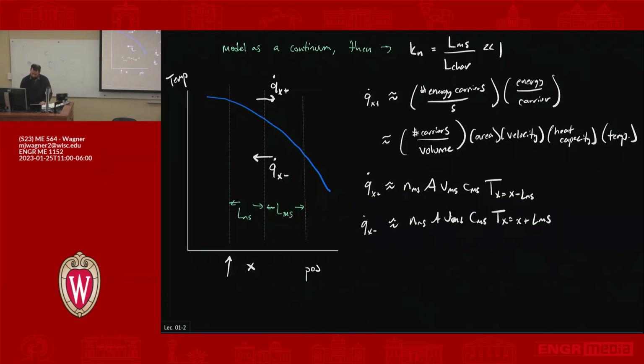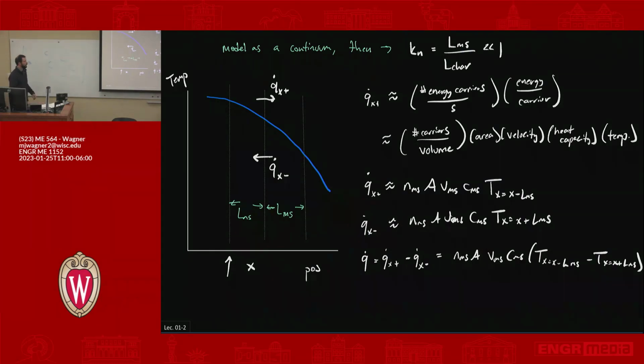All right, so now our net heat flux is q̇ equals q̇x plus minus q̇x minus. We're just combining these equations, which is again n_ms A v_ms c_ms times T at x equals x minus L_ms minus T at x equals x plus L_ms.